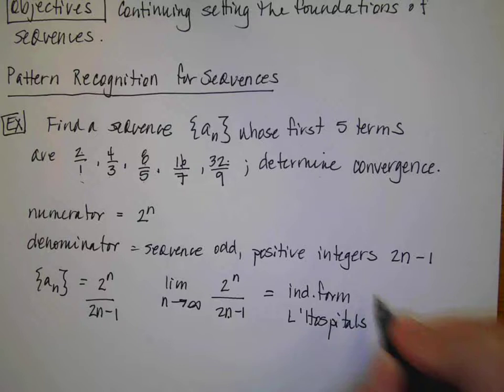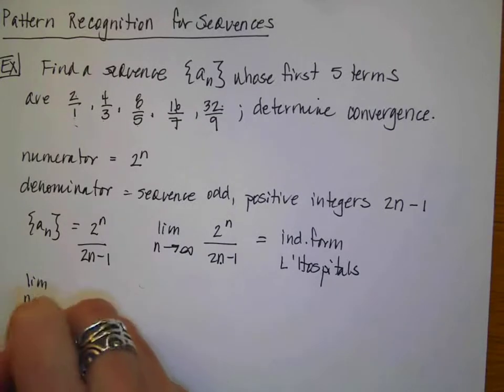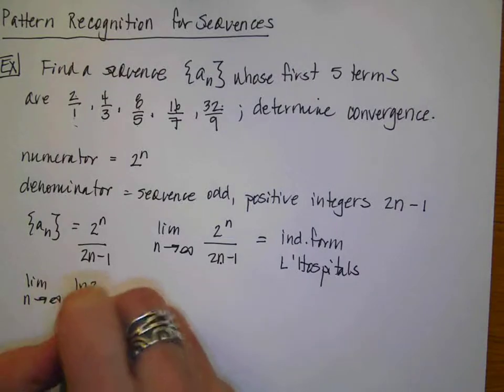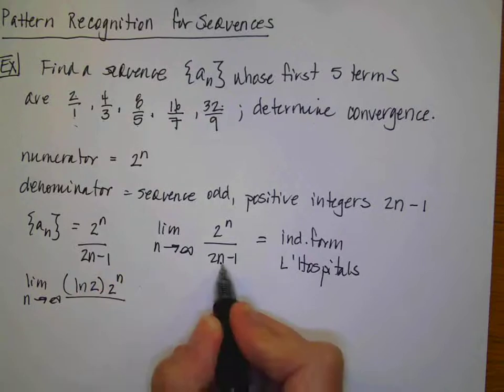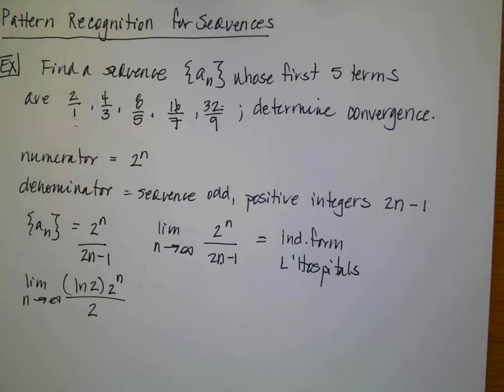Okay, so I'm going to take the derivative of the top and the bottom. So then I'm going to have the limit as n approaches infinity. Well, the derivative of this is the natural log of 2 times 2 to the n, and then the derivative of the denominator is 2.